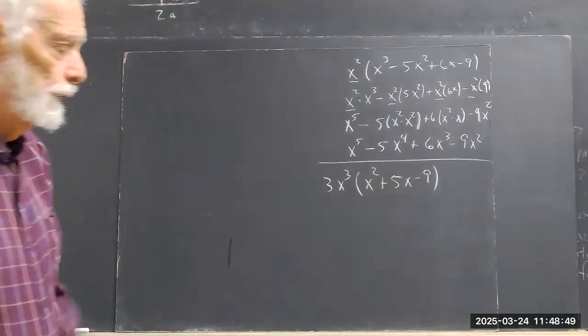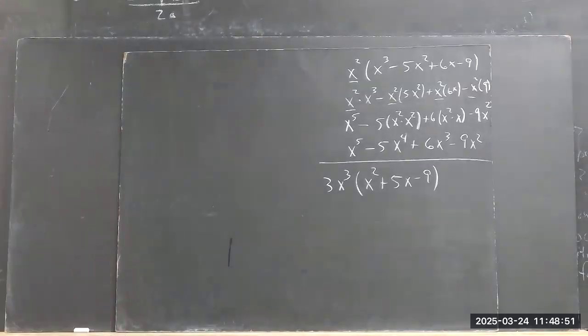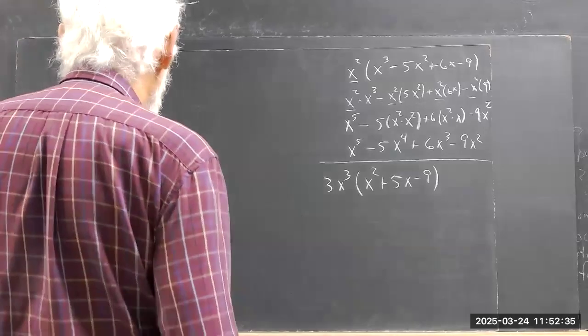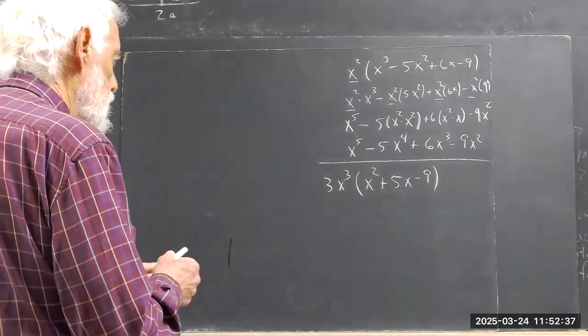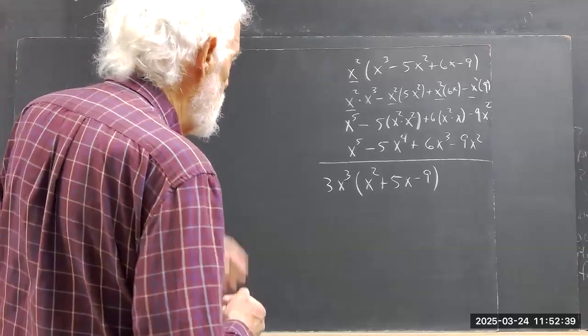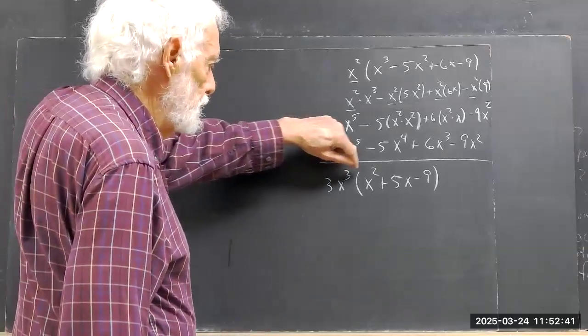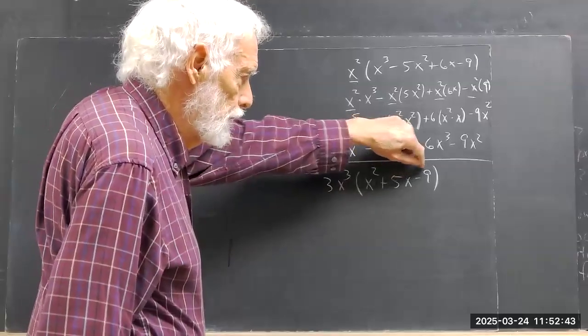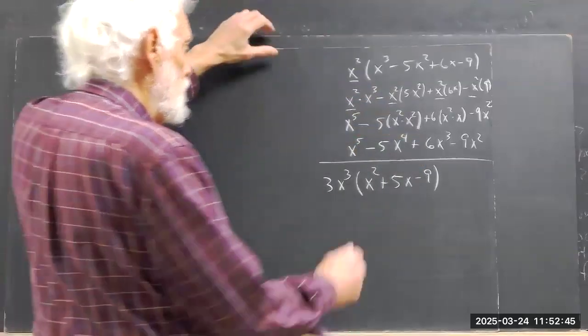Three x cubed times x squared plus 5x minus 9. Okay, so we have three x cubed multiplied by x squared plus 5x minus 9.